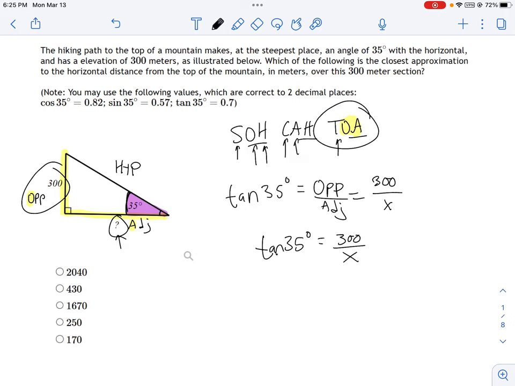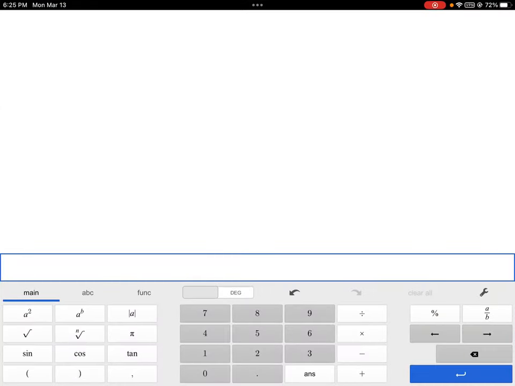If you want to use your decimal approximation, we know that tangent of 35 is approximately 0.7, so you could say 0.7 equals 300 over x. Or you can use your calculator and take tangent of 35. Make sure you're in degree mode, and you'll get 0.700207538.